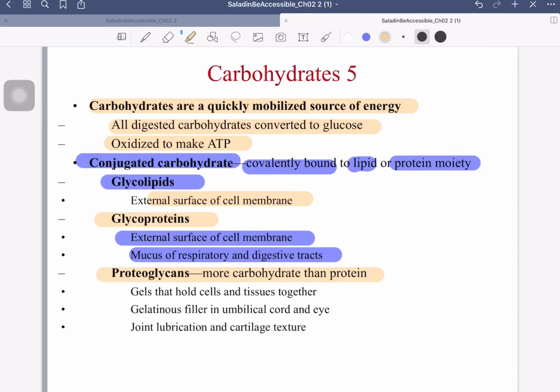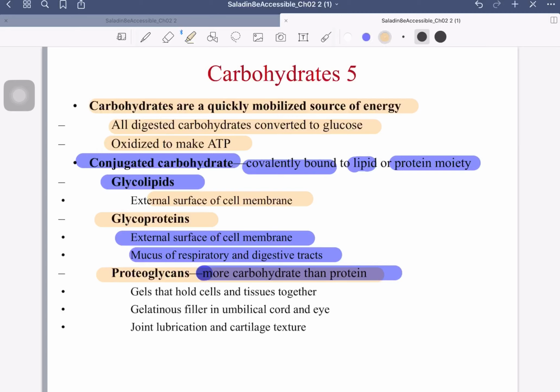proteoglycans. Now, this sounds familiar because I just talked about glycoproteins. Now we're talking about proteoglycans. What's the difference? Both of them are a carbohydrate and a protein. It happens to be the ratio and how they're arranged. So in a proteoglycan, I basically have more carbohydrate than protein. So the ratio is different than above.